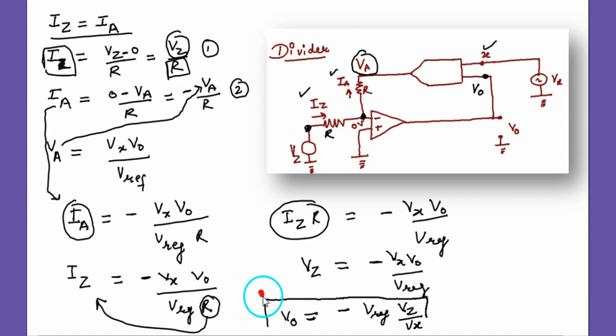So the output voltage V0 is some constant times Vz upon Vx. Vz and Vx are the input voltages, so the output voltage is the division of Vz and Vx.